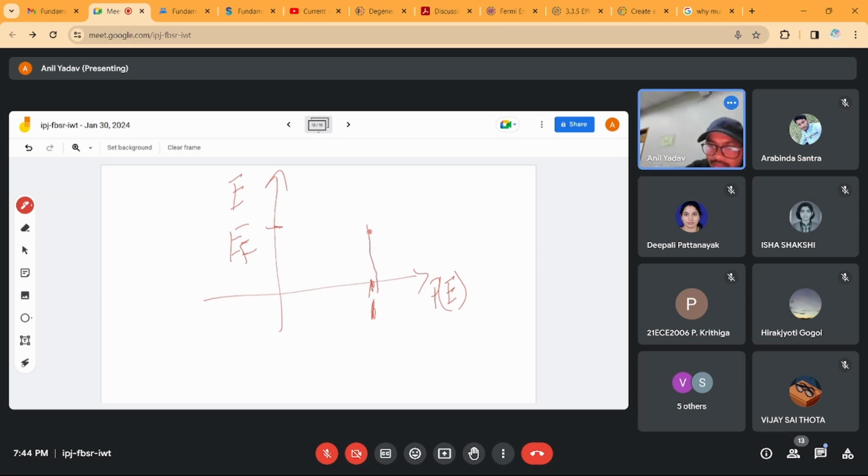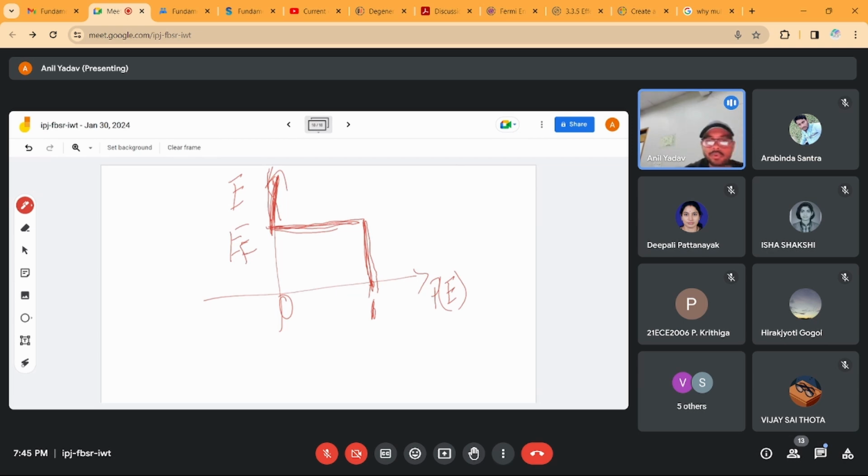It is 1. Above EF it is 0. So this is the graph of E versus the probability of finding an electron.